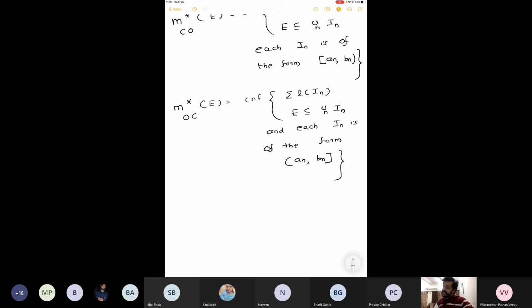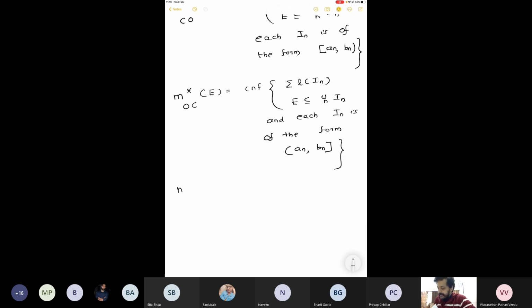And maybe we can take each In as closed. So that I will write as M C star E. C stands for closed. Infimum of the summation of L of In, where E is contained in the union of In, and each In is closed.